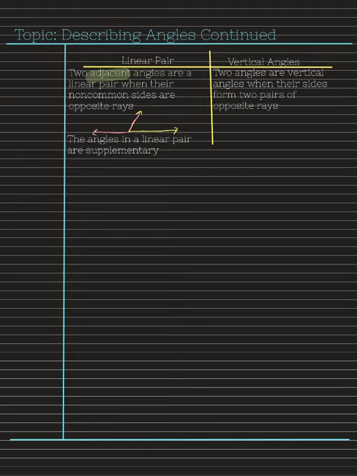Okay, so vertical angles are going to have two pairs of sides that form opposite rays. So if I make my first angle here, I'll do it in yellow again. And then I make my second angle. They're going to be going in the exact opposite direction as the first.